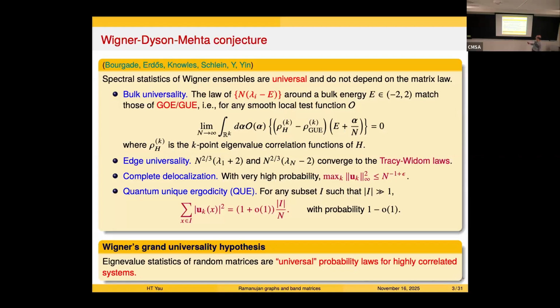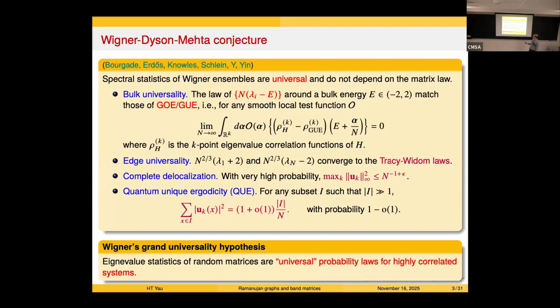So we magnify by n^(2/3), and then again the edge universality says the distribution of the extreme eigenvalues will be the same as in the Gaussian case. And in the Gaussian case, this was computed by Tracy and Widom. So the edge universality says that the edge eigenvalue distribution will converge to Tracy-Widom laws.